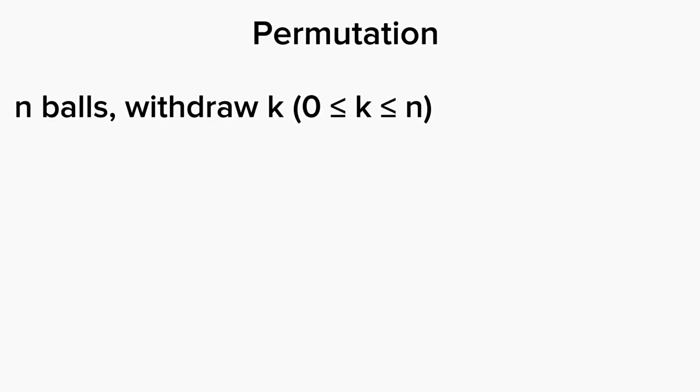So, in general, if we have n balls and we withdraw k balls one by one without returning them back, we will have n factorial divided by (n minus k) factorial.